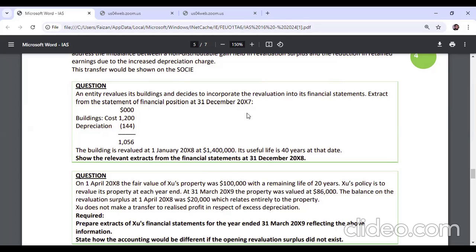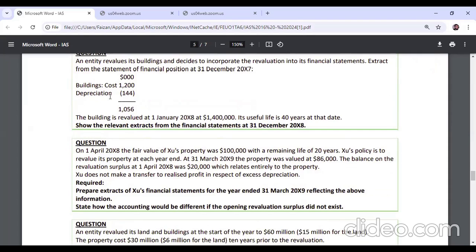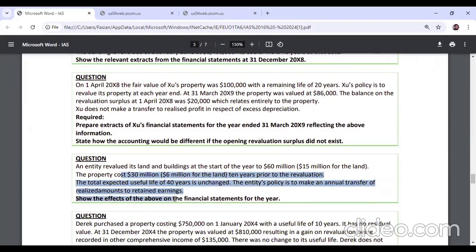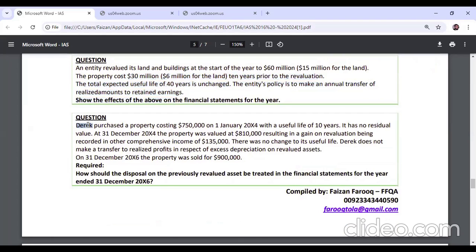But if it is at the end of the year, first we will calculate the depreciation using the old values and old costs, and we will do the working for revaluation subsequently. Then the questions we did: this one, that one, and this one. Now this direct one, you can see, that is your assignment. Try.